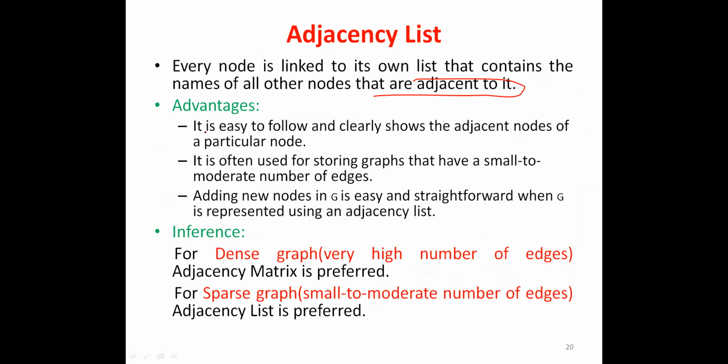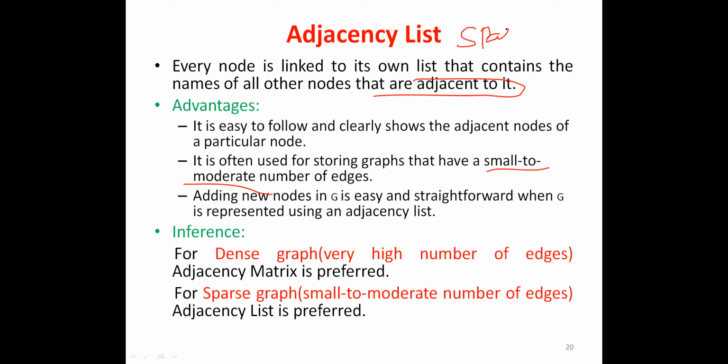So the advantages: it is easy to follow and clearly shows the adjacent nodes of a particular node. Directly it will tell which nodes are connected to the particular vertex. It is often used for storing graphs that have a small to moderate number of edges. That is important. Only sparse graphs.